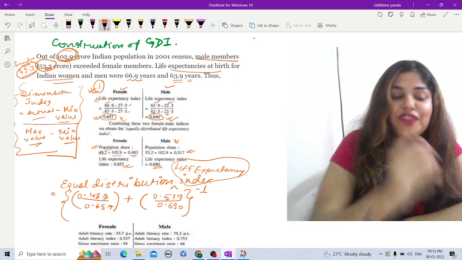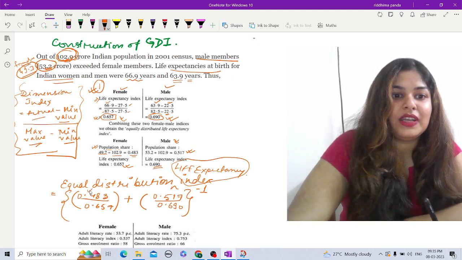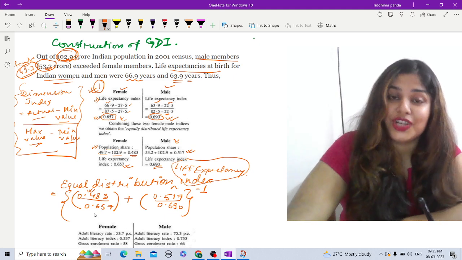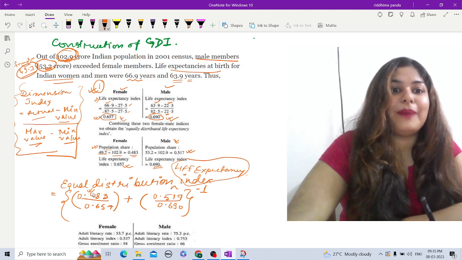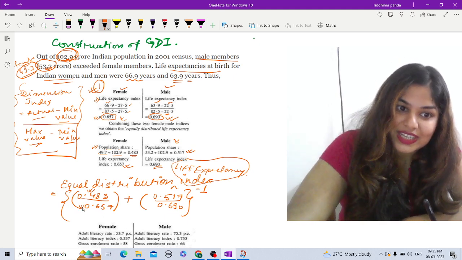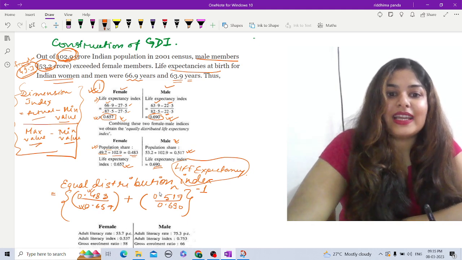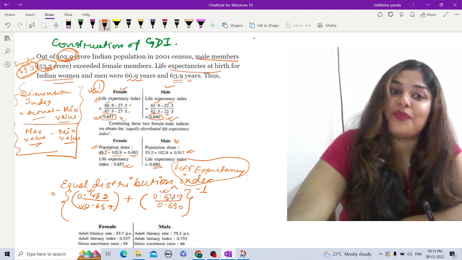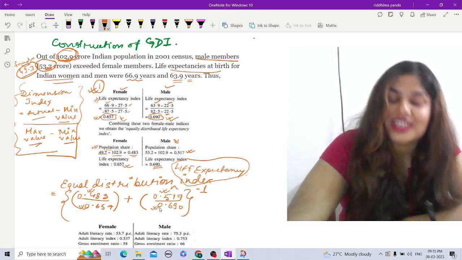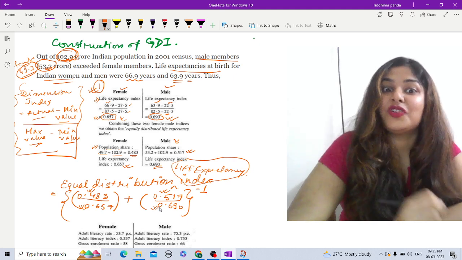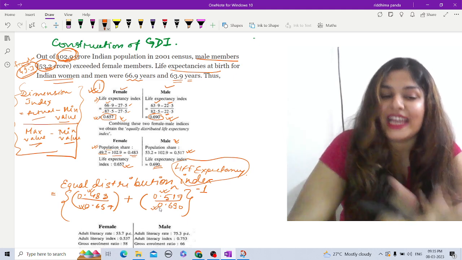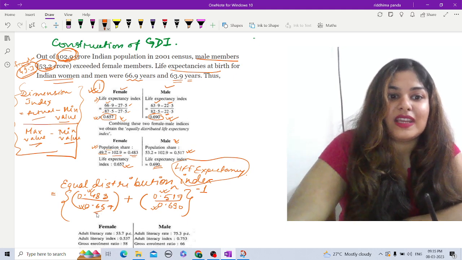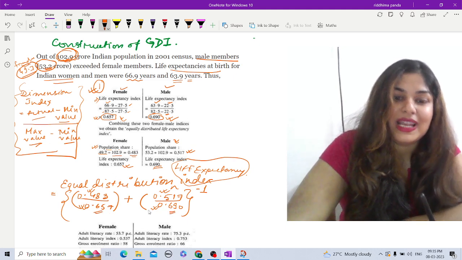So what is the general formula then? We write down the population share of female divided by the dimension index, plus again the population share of male divided by the dimension index of the male. Here the dimension index is life expectancy, so that is why we have taken life expectancy for female and male.